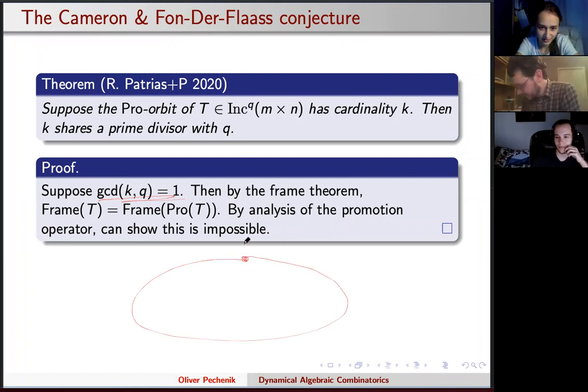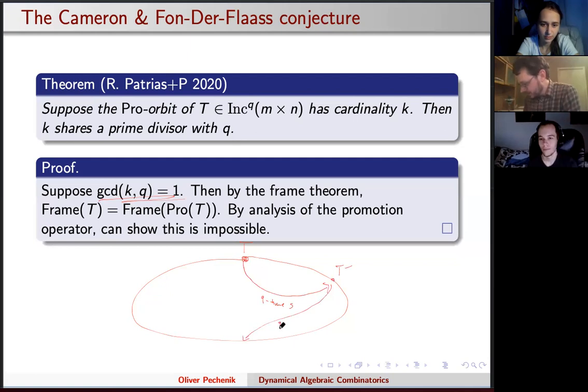And here's my original thing, T. And what we've learned is that the previous thing told me that if I go Q steps along this orbit, if I promote Q times, I'm going to get some other thing over here, but it's going to have the same boundary. And if I do it again, I go another Q times, I'm going to get something else. And it also has the same boundary. I didn't change the boundary. I didn't change the boundary again. And I just keep going. In each of these steps, I'm not changing the boundary.